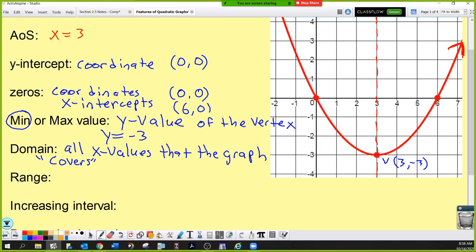Interval notation sometimes looks like a coordinate, and that is why I wrote those are coordinates. But domain, range, increasing and decreasing are intervals, a span of values. And these are the x values. We cover everything to the far left, which is where negative infinity can be found, to the far right, which is where positive infinity can be found.